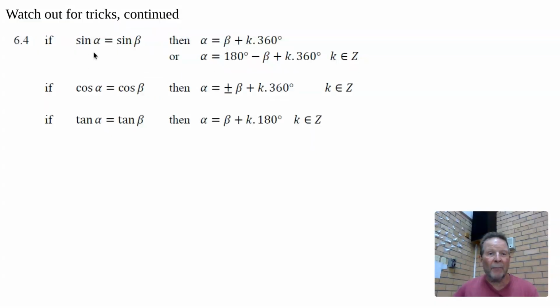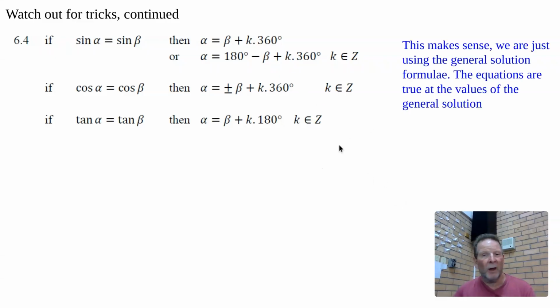But if you have a situation where you've got the sine of one angle equals the sine of another angle, the only way it can be true is if alpha equals beta, but it repeats itself every 360 degrees. You just use the formula for general solutions. So for sine, it's beta and 180 minus beta.